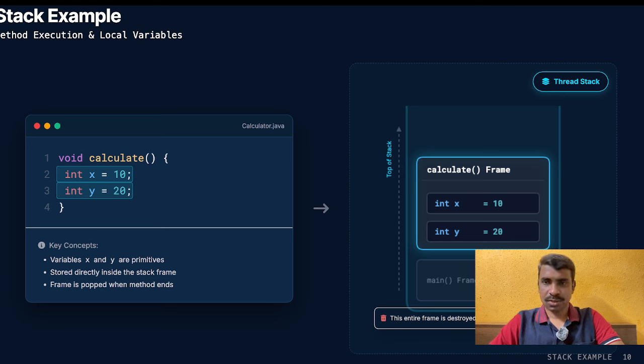On the right side you can see a stack. In the stack you can see the x variable is there, the y variable is there. Once we exit from this calculate method, these will get removed. The frame is destroyed automatically when calculate finishes. This is an example of stack allocation.